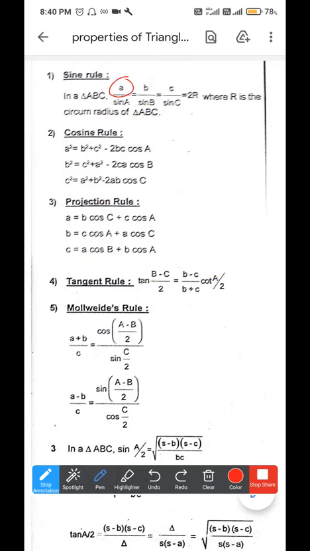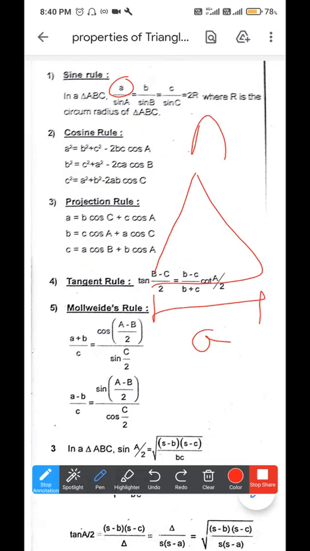So small a is the length of the side opposite to capital A. Capital A is the angle and small a is the length. So a by sine A is equal to b by sine B is equal to c by sine C, which is equal to 2R, where R is the circumradius of triangle ABC.